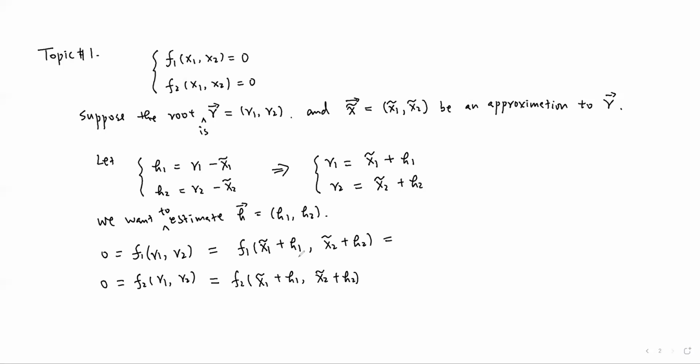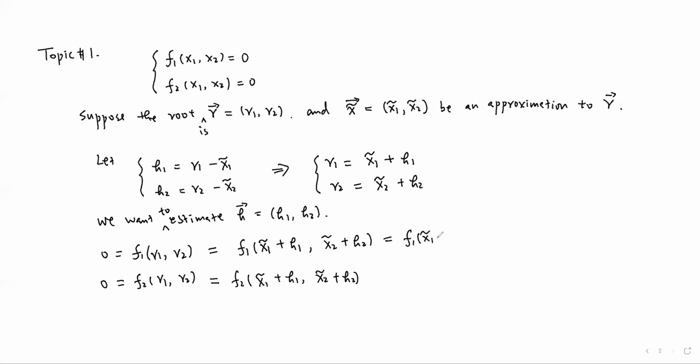Now I expand this function f by Taylor's theorem. I use the first two terms, then drop the error term. Okay, wait, let me not drop the error term first. Expand this function at (x1 tilde plus h1, x2 tilde plus h2) by Taylor's formula.